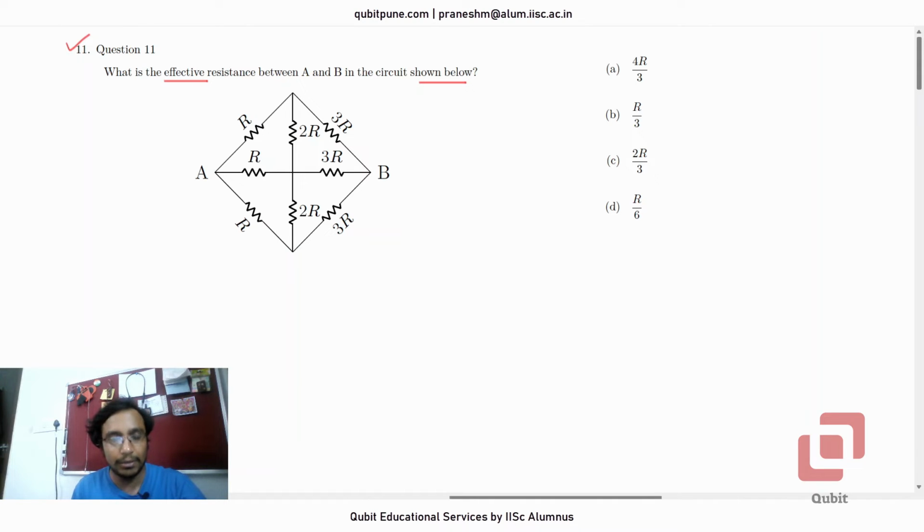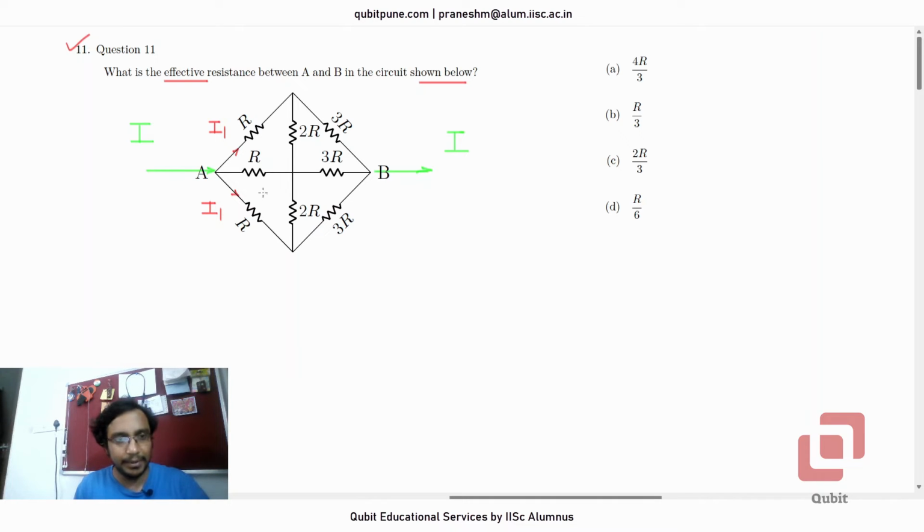If you look at the top branch and the bottom branch, we can definitely say that whatever incoming current there is, let us say I, of course, the same current must leave here. But if I assume that current in this particular branch is I1, the same current must be flowing in this branch as well, that is I1.